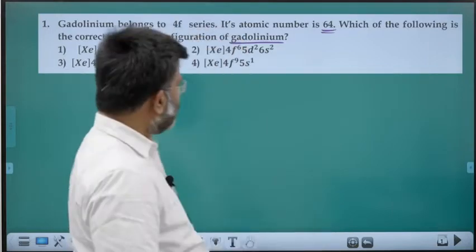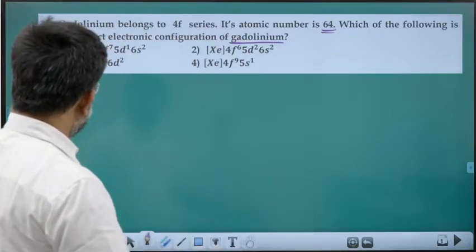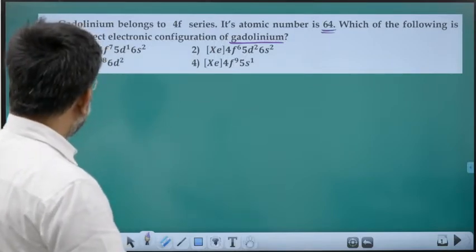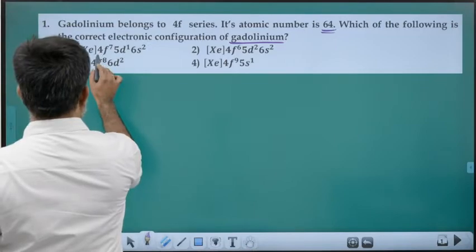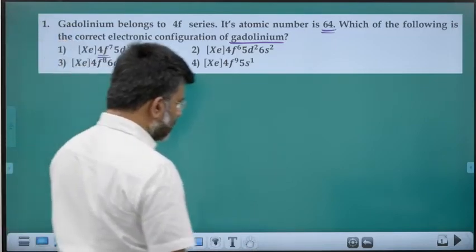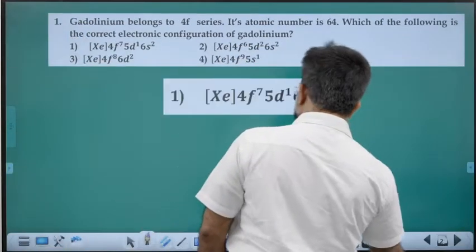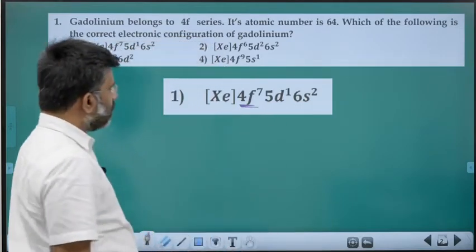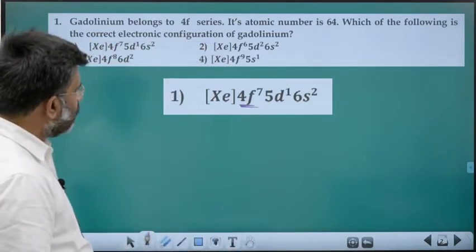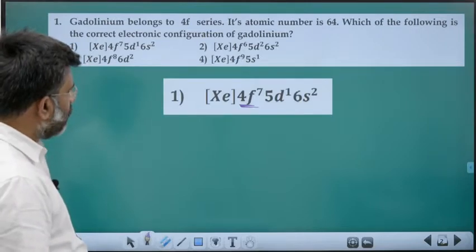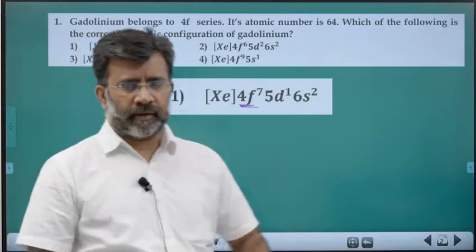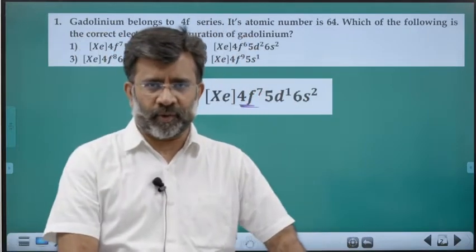So that itself helps us understand what the configuration is. It will have f7 configuration, and the answer must be the first choice, and the configuration for Gd is 4f7 5d1 6s2. That is the electronic configuration of gadolinium.